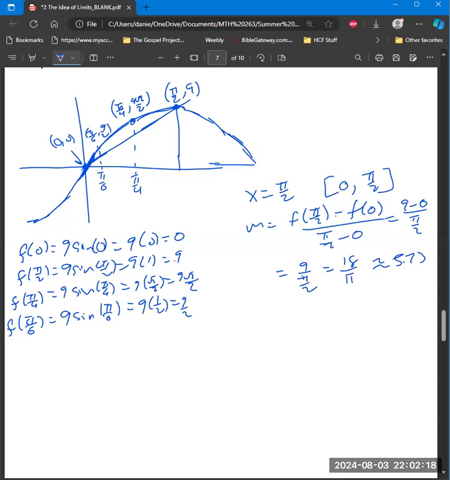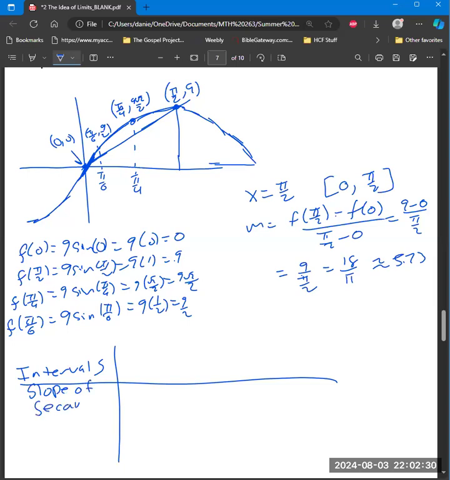Let's go ahead and look at my intervals and the slope of my secant line. We just started off with 0 to pi over 2, with this being my A and this being my B, and we have 5.73.